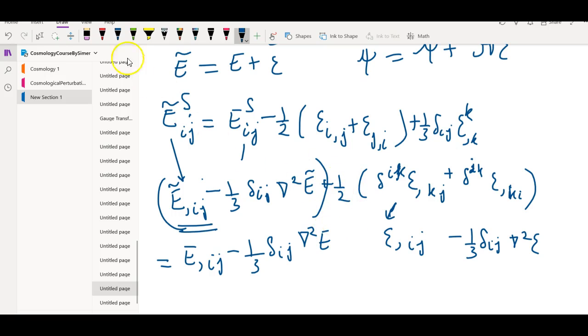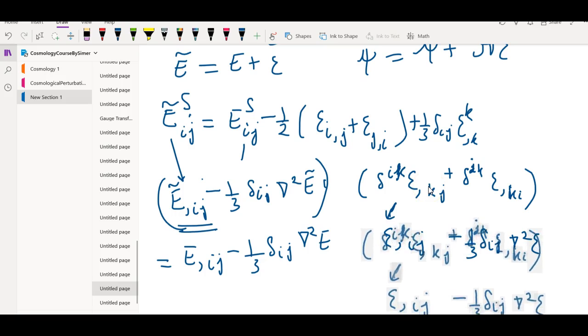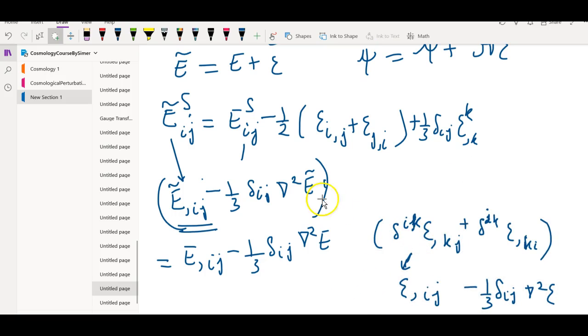Plus, this term is here. Plus half. So how do we get these terms? xi I with respect to j is this, and this is basically del square xi.